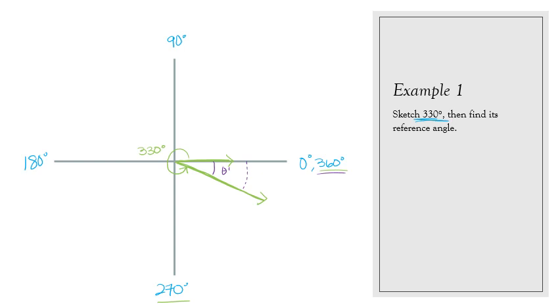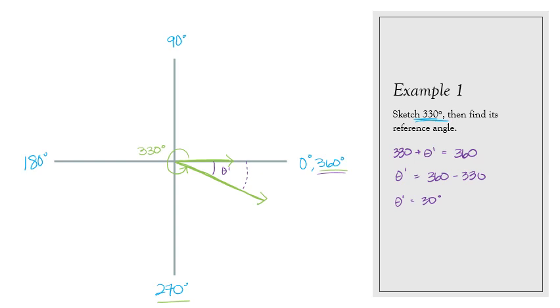So mathematically, you might write that as, what do I have to add to 330, let's label it theta prime, to get to 360 degrees? So of course, to solve this, theta prime is equal to 360 minus 330. And that actually fills in the formula idea that we looked at on the last slide. Our answer in this case, theta prime, is going to be equal to 30 degrees.